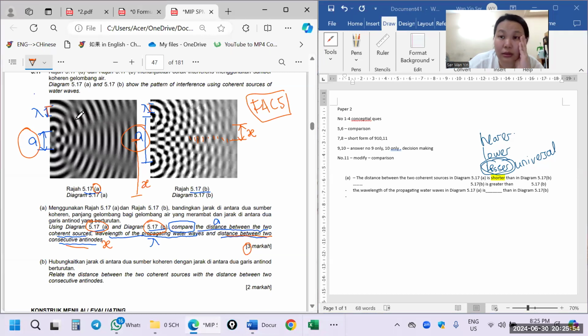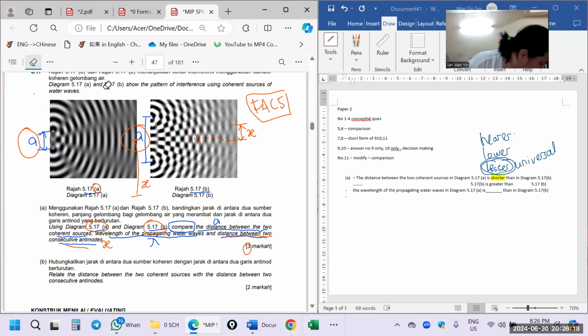So how is it? If you feel they look the same, sorry, I don't have my ruler here. You can measure with your ruler.